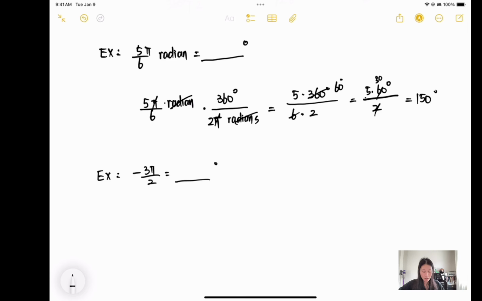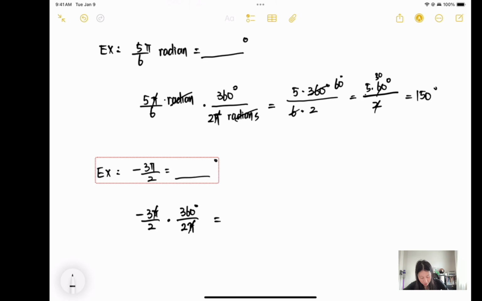So I have negative 3 pi over 2 times the conversion units. Again, we want to get rid of pi or the radians, so that I want to write the radians in the bottom. For every 2 pi, we got 360 degree. Simplify it. Now pi and pi cross cancel.